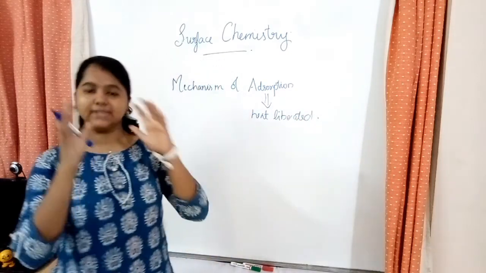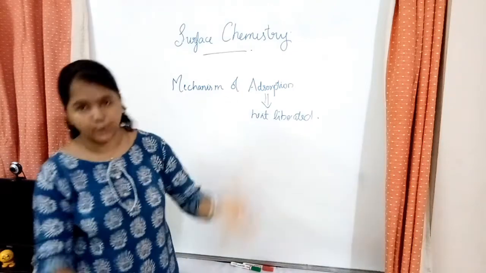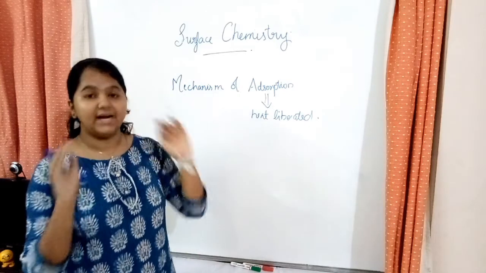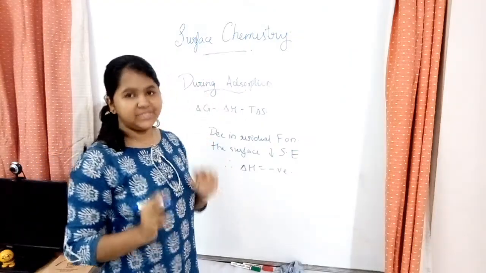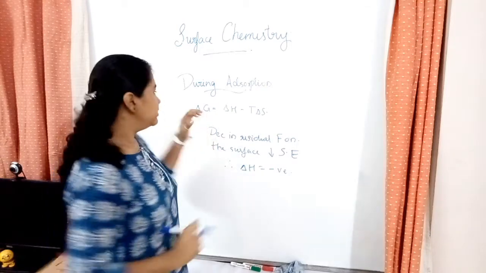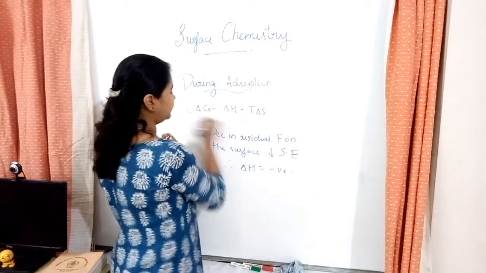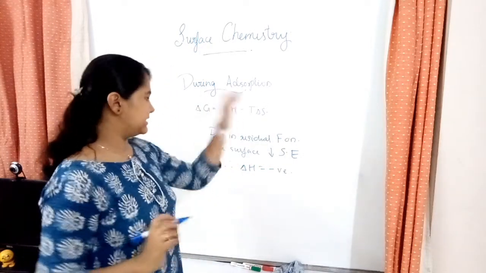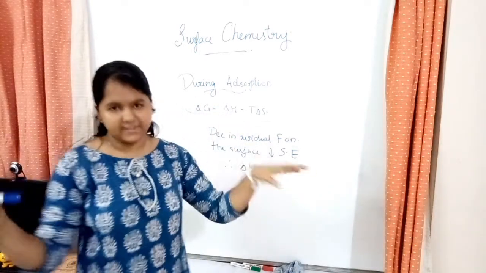And we know adsorption takes place due to the unbalanced force or the instability. When the stability is less, or when it's unstable, it has more energy. So during adsorption, heat is produced, I told you. So the Gibbs energy change during adsorption is given by the equation delta G is equal to delta H minus T delta S. So when there is a decrease in the residual force on the surface, what happens?